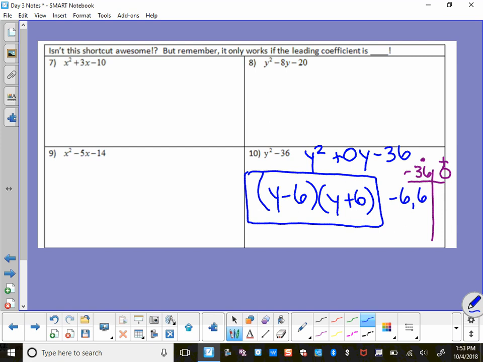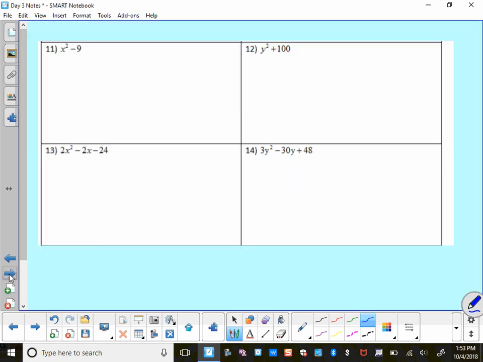I'm going to do one more example with you. Look at number 13. So I'm always asking myself, if you wanted to swing this, then you could, but you would just have large numbers. Okay? So always look for your GCF. What's my GCF here? 2.